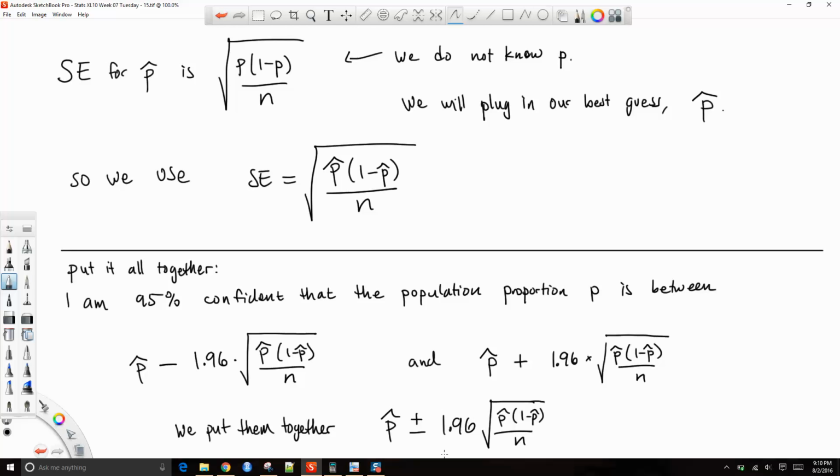One of them is p hat minus this thing, and the other is p hat plus this thing. It saves us from writing almost the same thing twice. Is that okay? And that's to create a 95% confidence interval. So let's try this out.